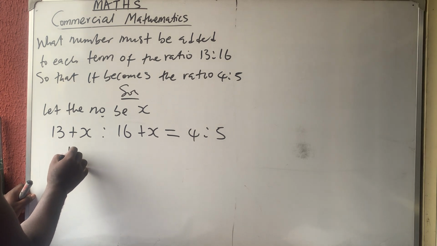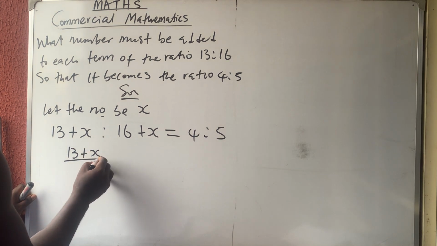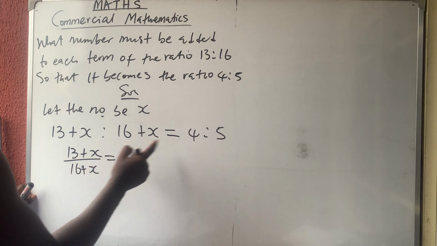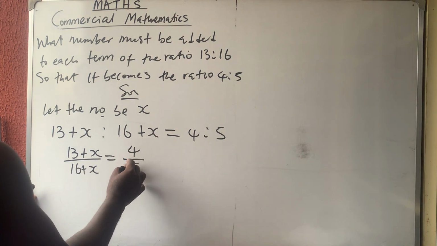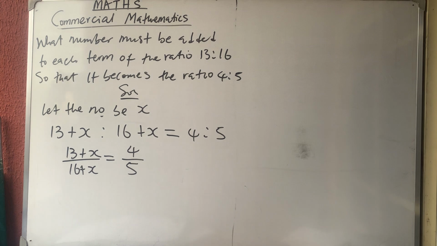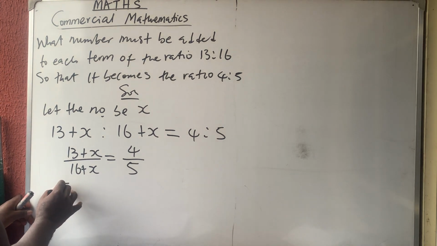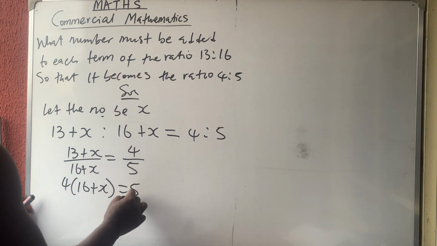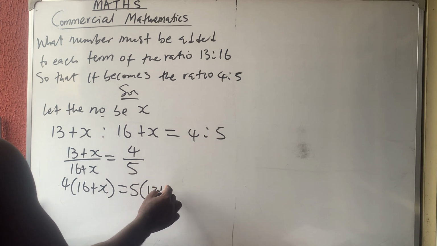So it is 13 plus x divided by 16 plus x is equal to 4 divided by 5. So I can now cross multiply, so that I will now have 4 in bracket of 16 plus x is equal to 5 in bracket of 13 plus x.